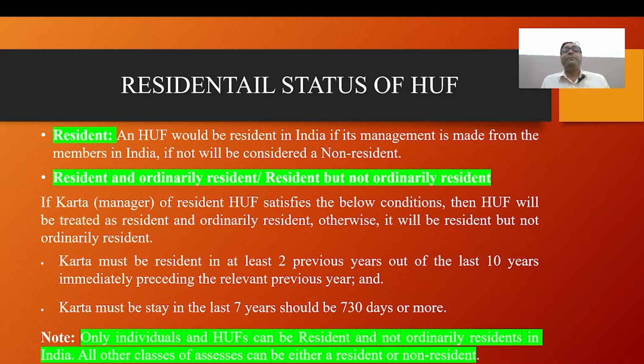For determining whether a Hindu undivided family is resident or not, the residential status of its karta for the relevant previous year is of no relevance. But for determining whether the Hindu undivided family is ordinarily resident in India or not, it depends on the karta's status in the preceding years, which become relevant.